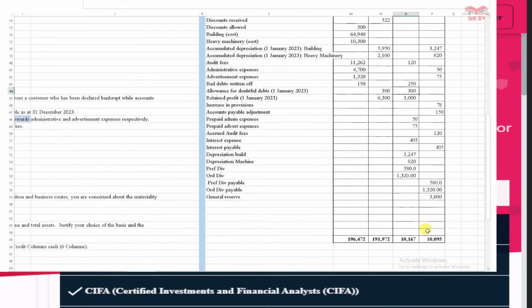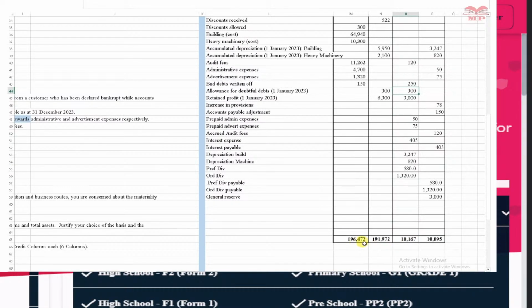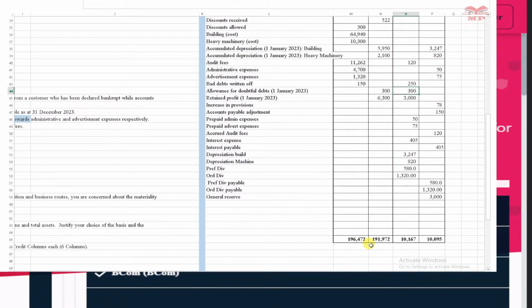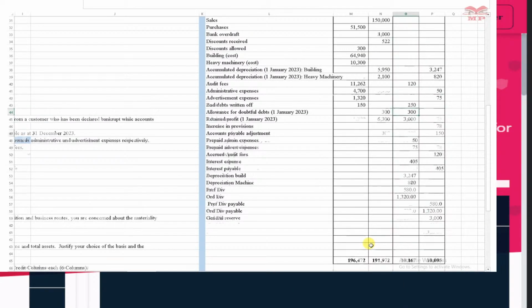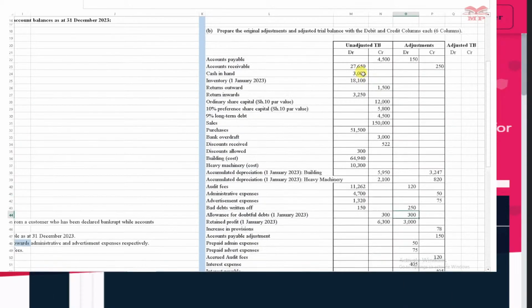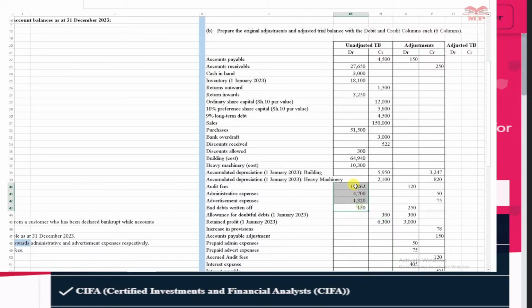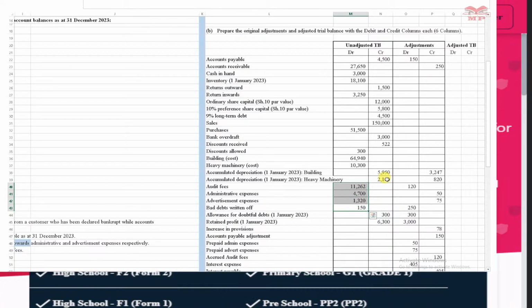You can see initially this has actually changed a bit. Maybe I included something else here which was not supposed to be here. So we can just double check, yes, all those.